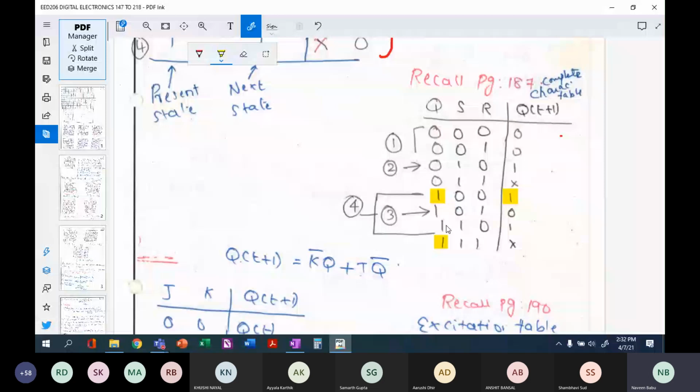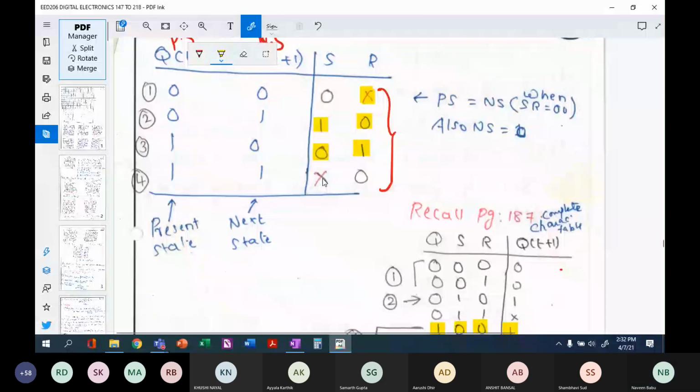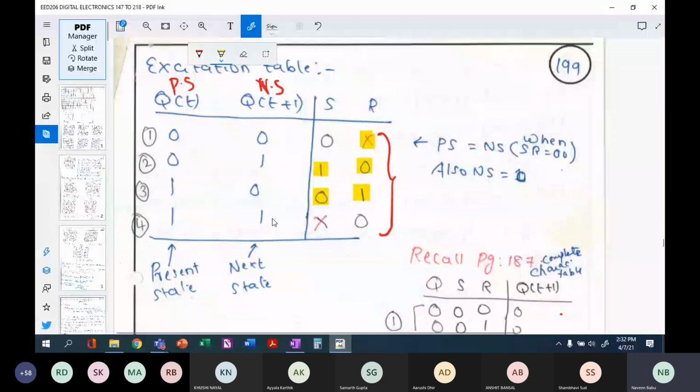In these places, R value is 0 and S value is 0 or 1. So for S, we write don't care, and for R, we write 0, right? And this is the excitation table. This particular table is called the excitation table.